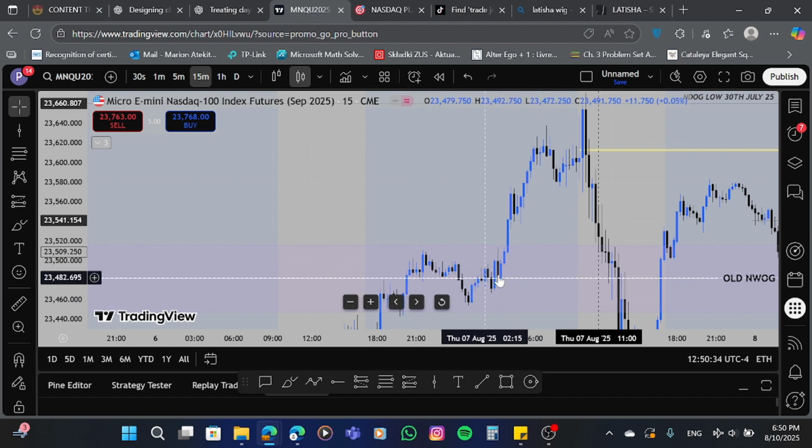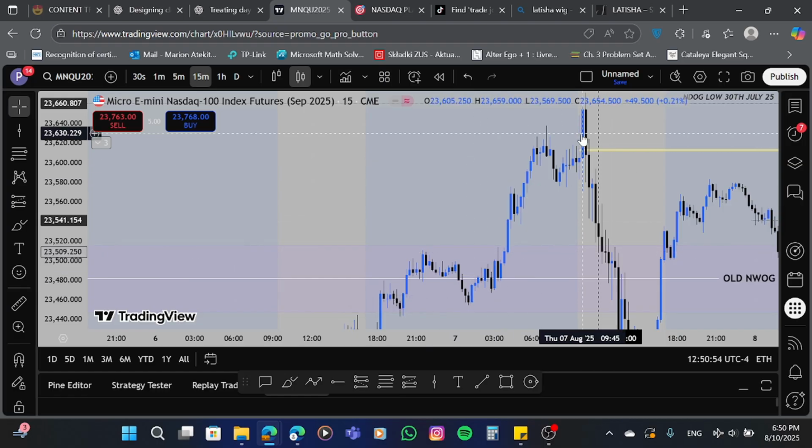This speed bump happened from an old new week opening gap, and we know that these are points in the market that price easily respects, or it will easily return back to these areas. So I watched this speed bump, and I was very confident, going into the open, that we were going to continue being bullish.